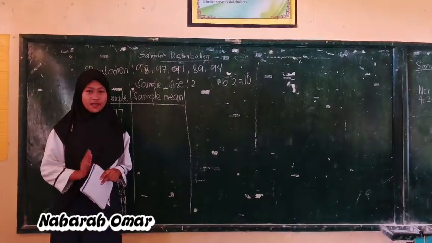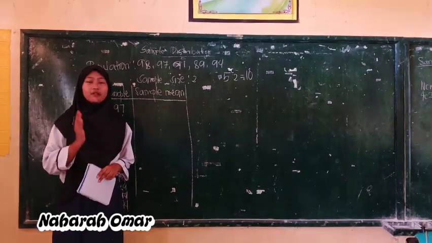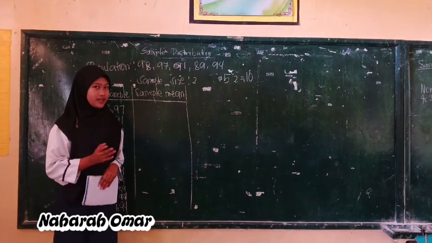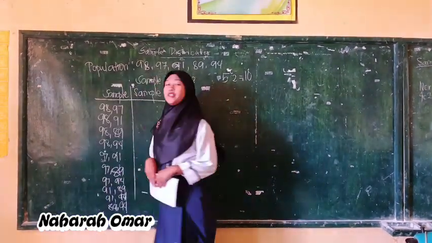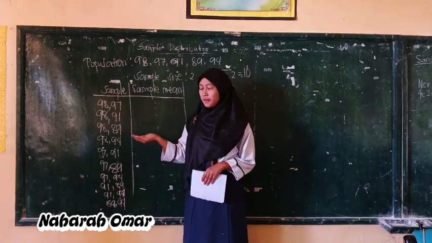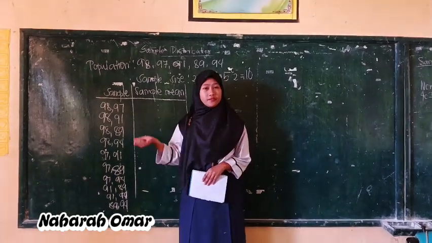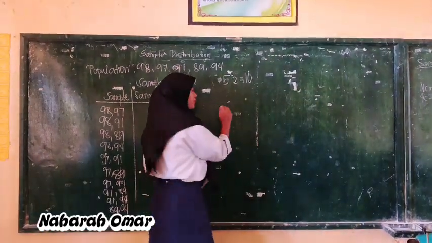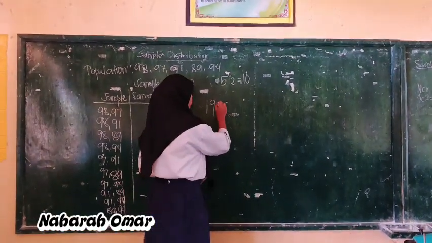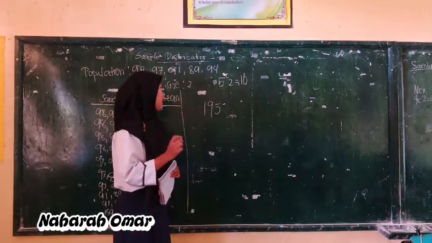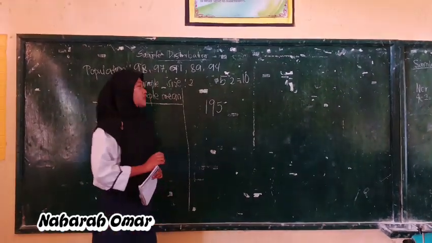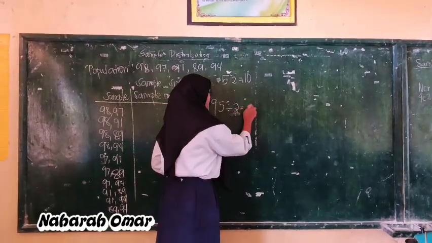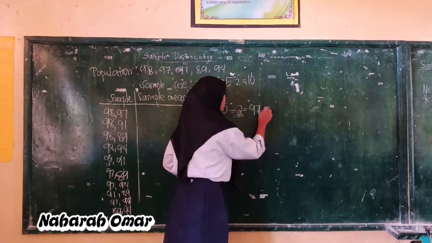Now that we already have the samples, let's find the sample mean. Remember, in the sample mean we have a process: add and divide. First, we add the numbers in the first column, 98 and 97, which gives 195. Next we divide this by 2, the sample size, and we get 97.5.